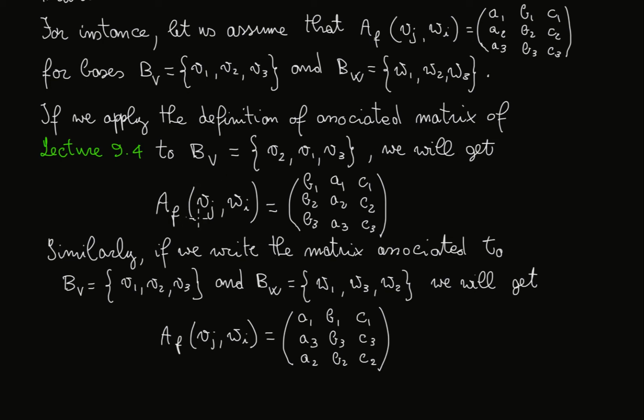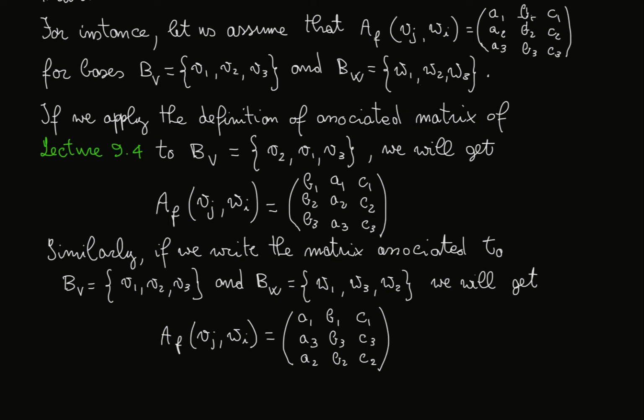We will get the following associated matrix. It is no longer the one with columns A1, A2, A3, B1, B2, B3, C1, C2, C3, but the first column will be B1, B2, B3, because for the first column of the matrix, I have to take the first vector of the basis, which is no longer V1, but it is V2, and then take the image by F, and take the linear combination of F of V2 in the codomain with respect to the basis W1, W2, W3.